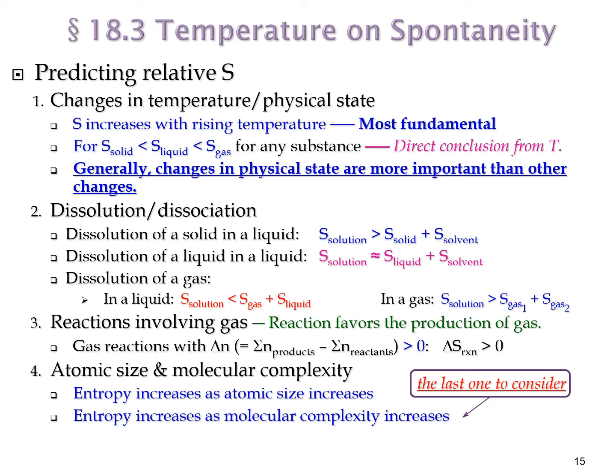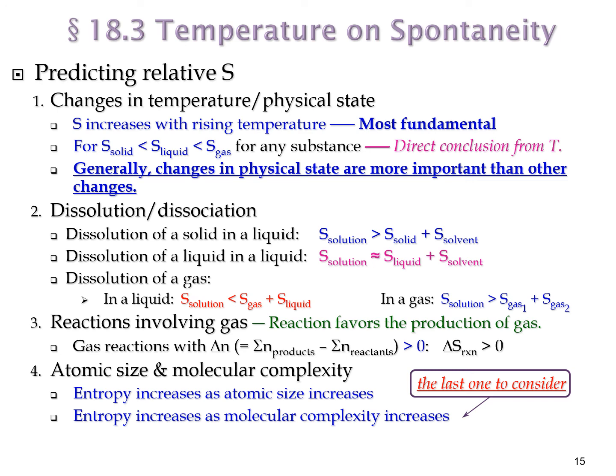And we have also discussed dissolution and dissociation, explaining why it's a greater sign, roughly equal sign, or less sign for the entropy of solution, and solid and solvent combined. And of course, we use the entropy of liquid or the entropy of gas to explain how the sign works.